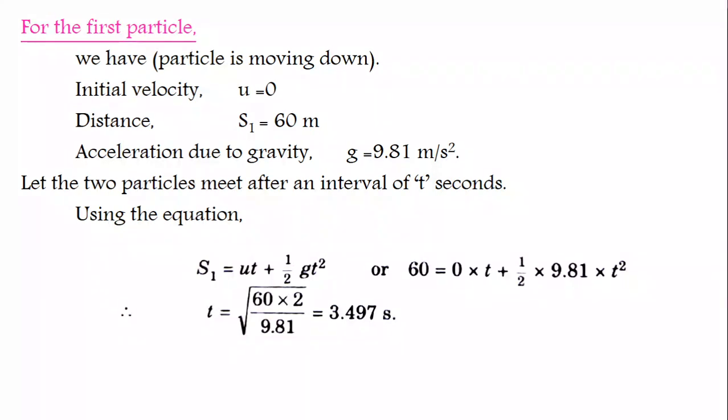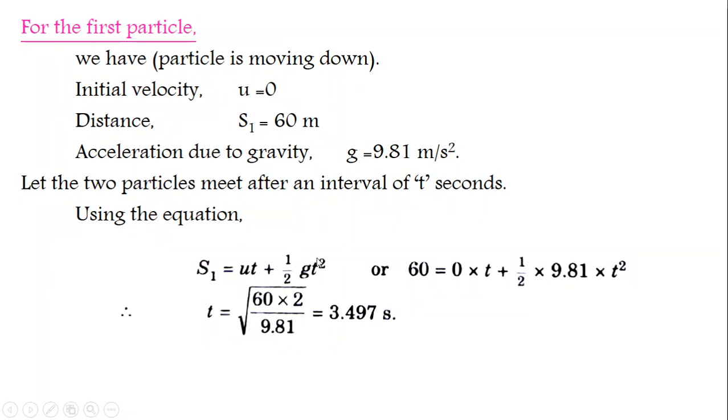Let the two particles meet after a time interval of t seconds. At that particular time the two particles meet at the 30-meter height, using the equation s1 equals ut plus 1 by 2 g t squared.